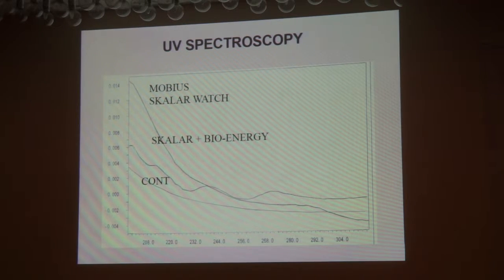But then the watch was treated with a healer, and this one over here is a combination of non-classical electromagnetic energy and bioenergy from a healer. So this is an unusual response. I just wanted to show you, again, that different kinds of energies generate different patterns.